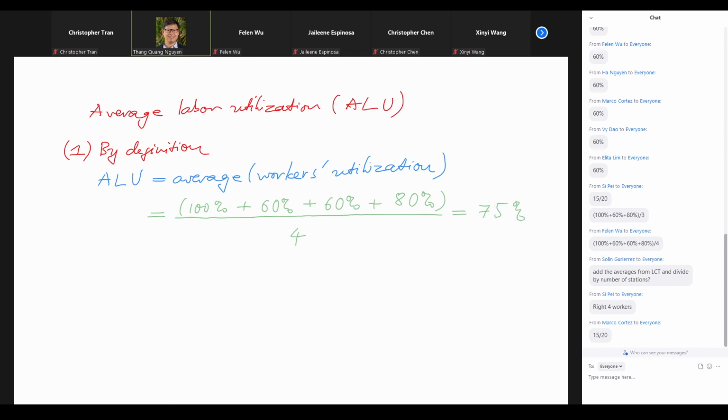So that's the definition method, what it means by the average. That's the first method. The second method goes as follows.